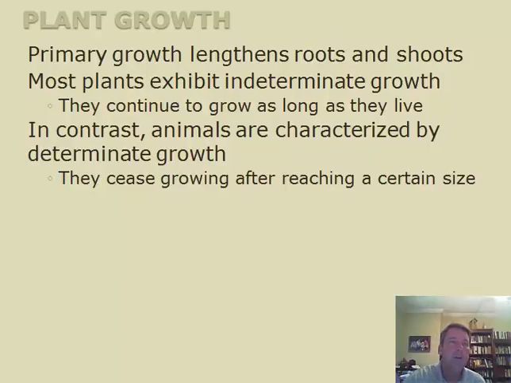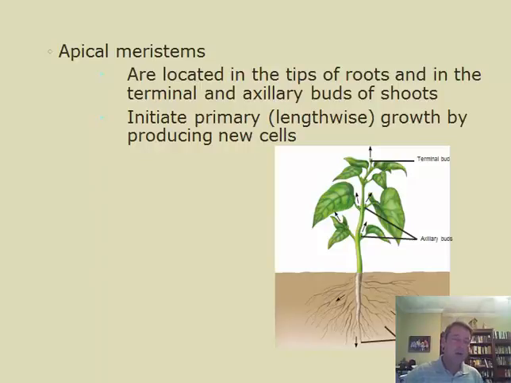Another way of describing growth is the terms primary and secondary. We're going to look at that, but primary growth is growth that is when the plant gets taller, and secondary growth is when the plant gets wider. So we're going to look at specific examples of that. One of the specific examples of primary growth is that which takes place at the apical meristems.